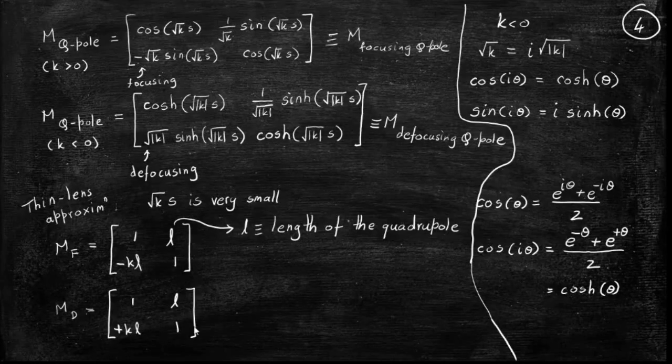So then you can see that the expressions for both focusing and defocusing quadrupole are very similar, and the only difference is the sign of K. Here you mean the modulus of K. Otherwise, it will be the same thing.